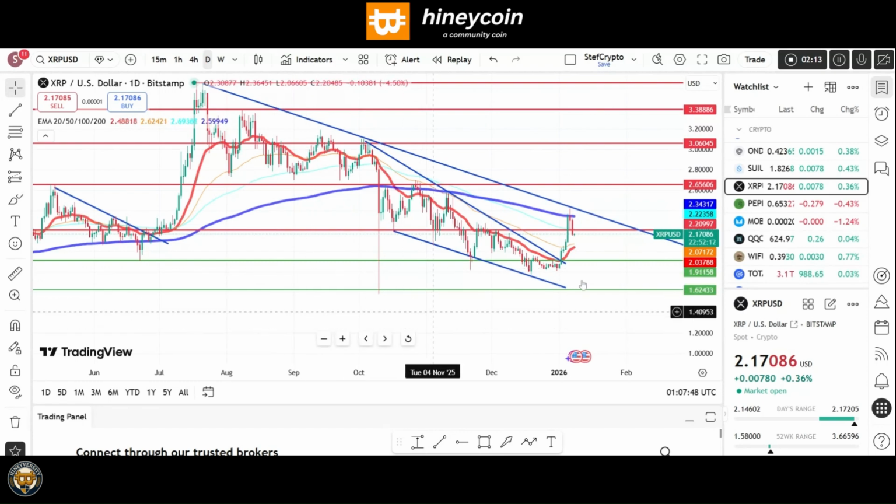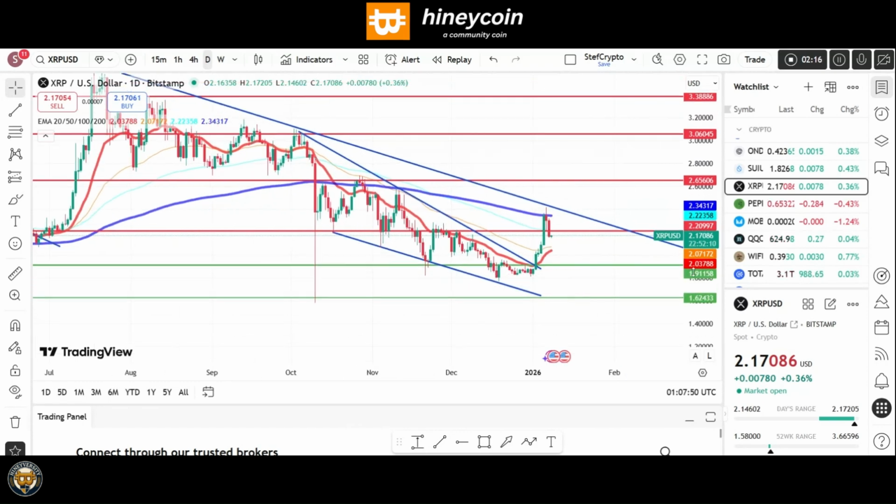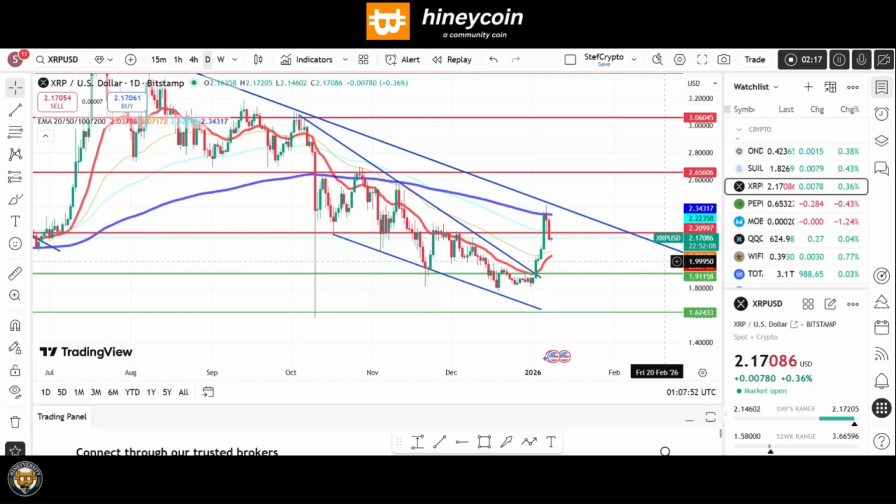We're going to show you what you can do with them. So we'll scroll a little bit out. And you see here, where my mouse is, that's the 200-day EMA. And it acted as resistance, because XRP tried to get over it and it failed. It acted as resistance, actually a slight rejection there.